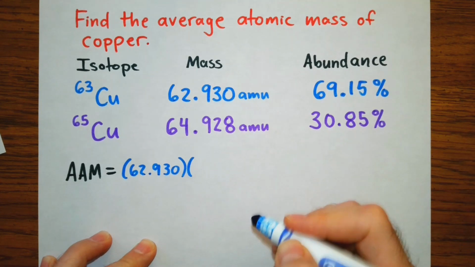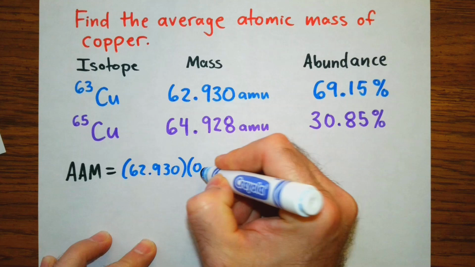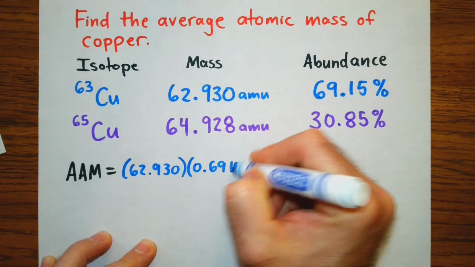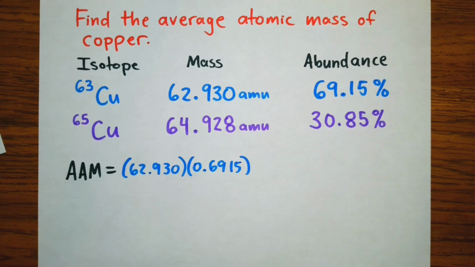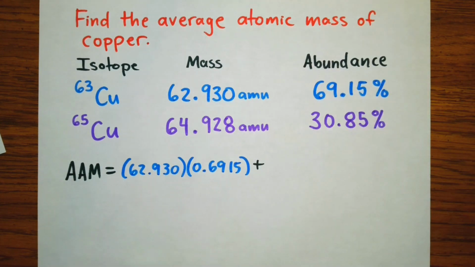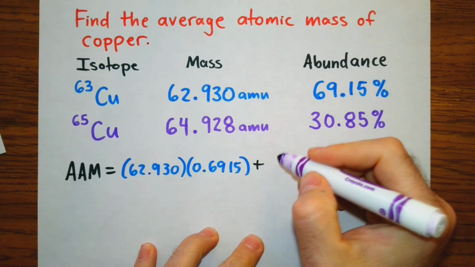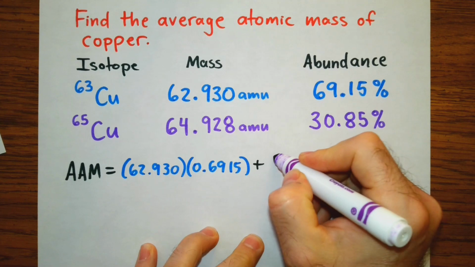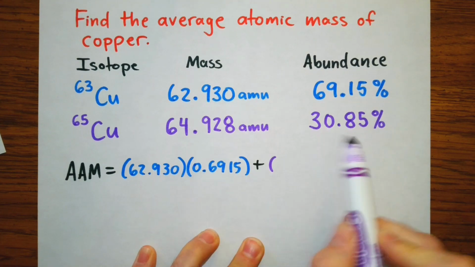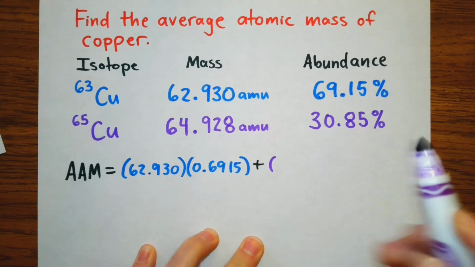And we're going to put that in decimal form. So 0.6915. And then we are going to add the product of the mass and abundance in decimal form of copper-65.